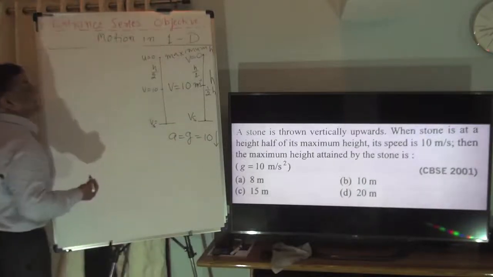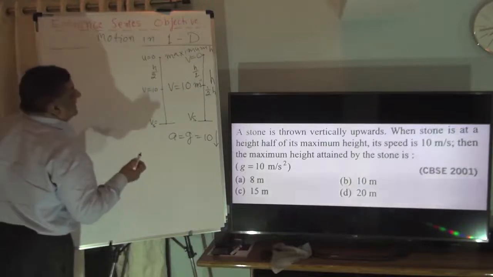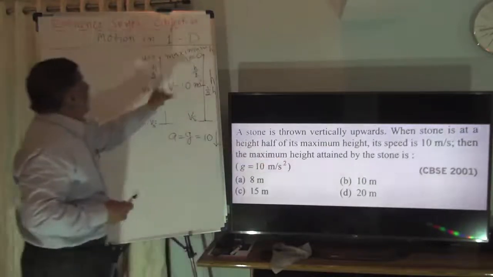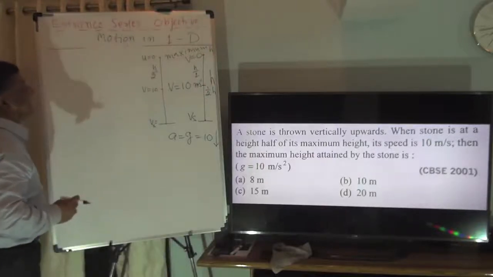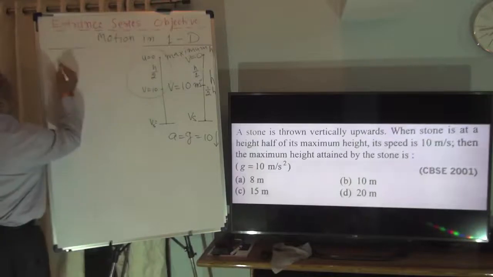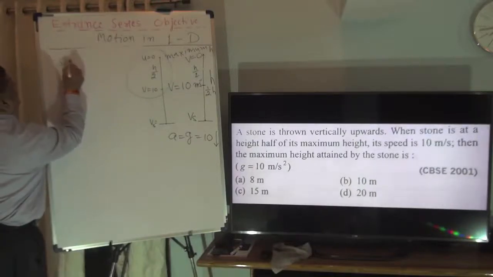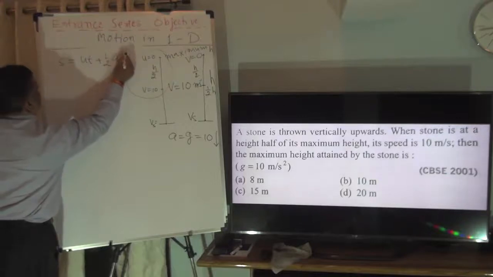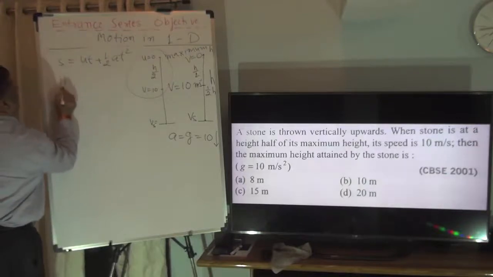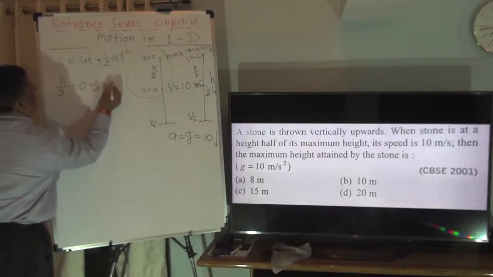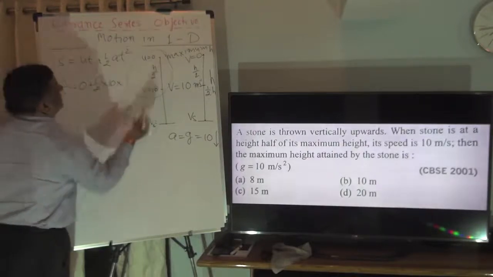Now, let's make equations. What is the unknown quantity? H is our unknown quantity. Can we get the value of H from here itself? Yes. The distance S is equal to ut plus half at square. S is H upon 2 is equal to 0 plus half into 10 into t square.